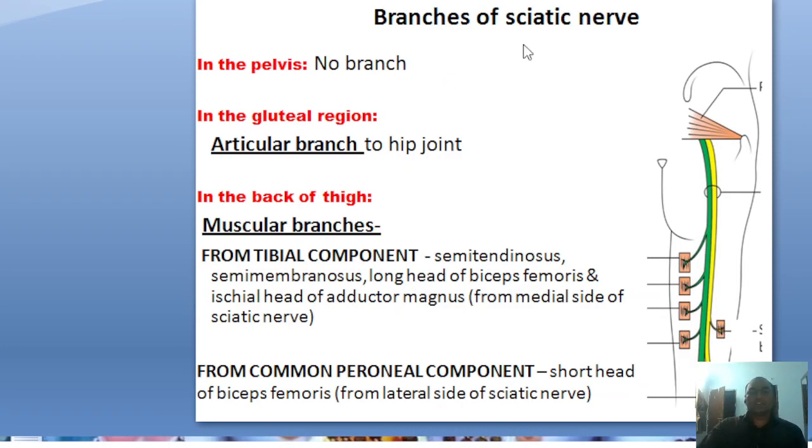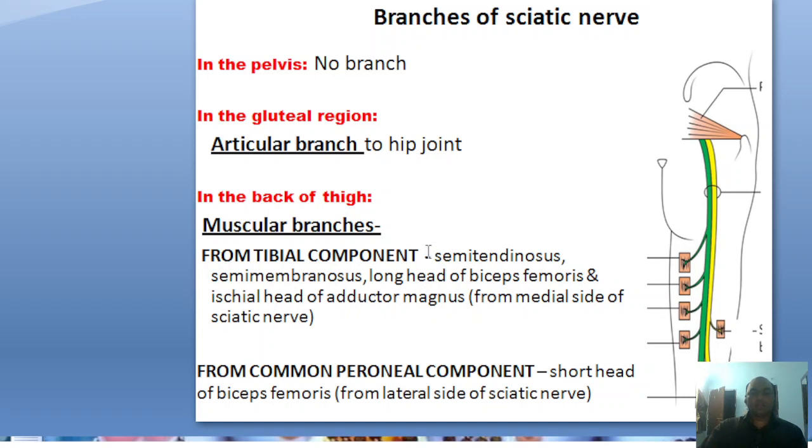Branches of the sciatic nerve. In the pelvis, no branches. In the gluteal region, one branch: articular branches to the hip joint. In the back of the thigh it is important because it supplies all the hamstring muscles. Muscular branches from the tibial component go to semitendinosus, semimembranosus, long head of biceps femoris, and the ischial head of adductor magnus.